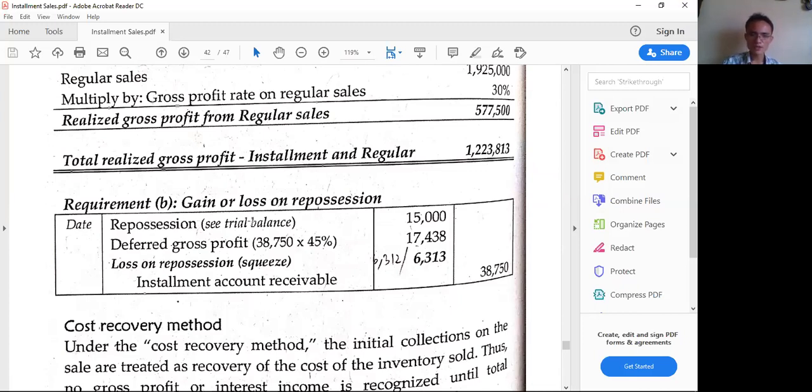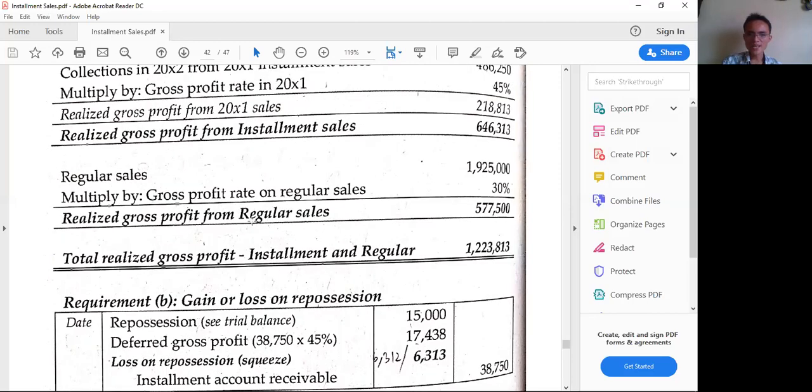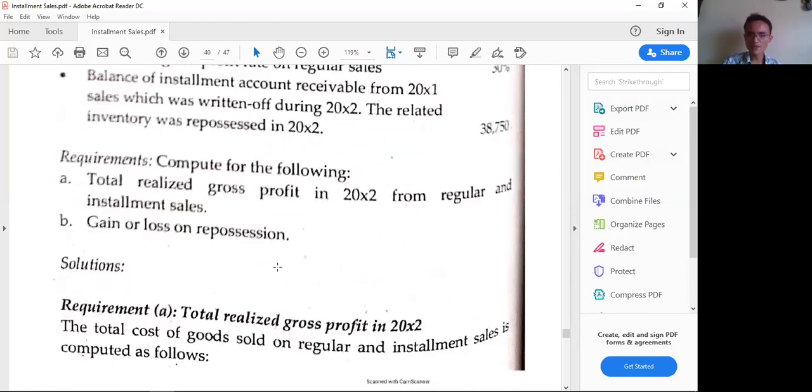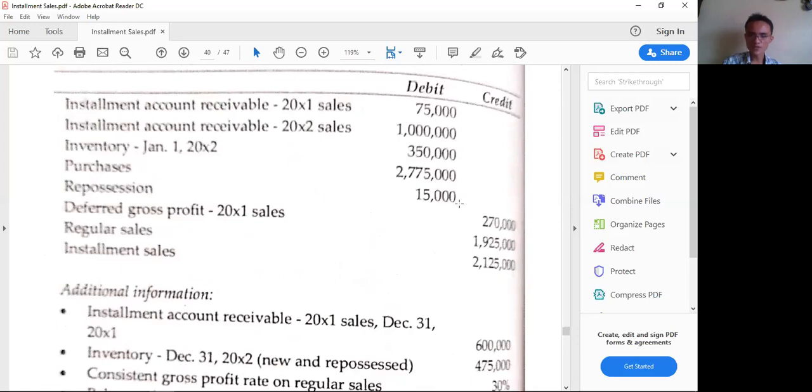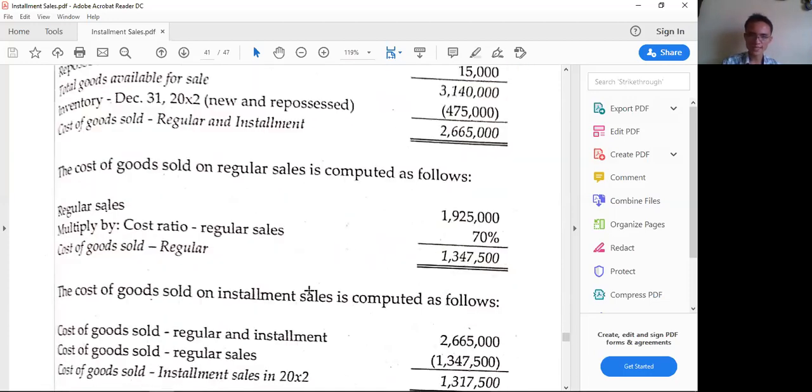Okay, what about gain or loss on repossession? So the formula, basically, is just our balance, 15,000 given, which is the fair value of repossessed merchandise, then less unrecovered cost. So take note of the formulas, guys, because we have so many formulas already.